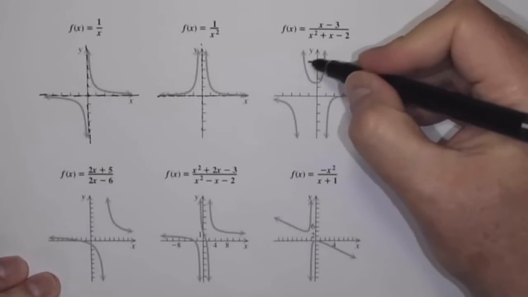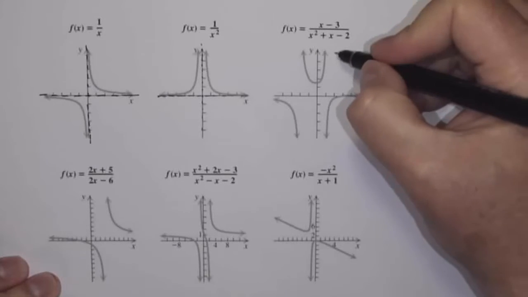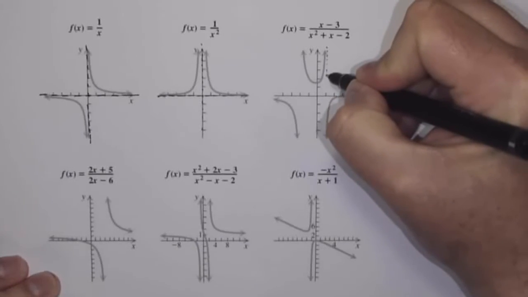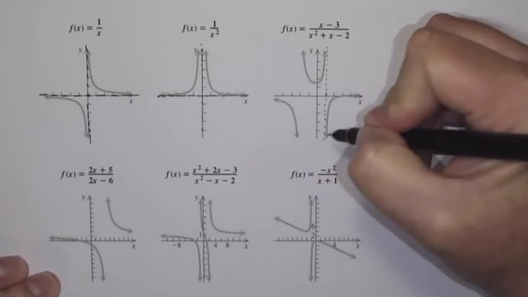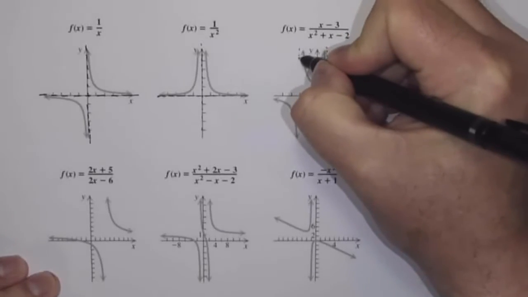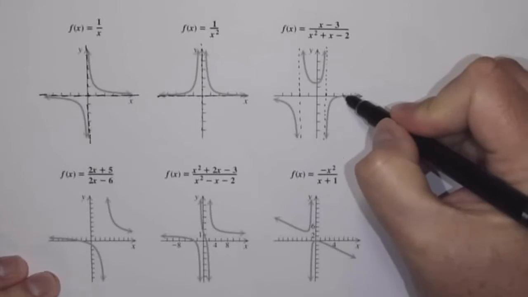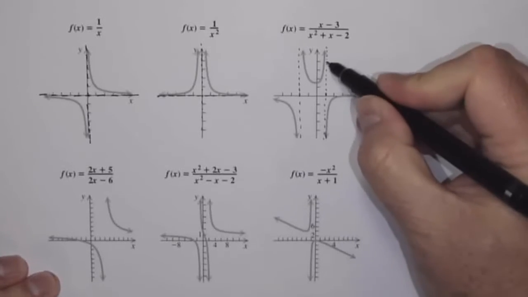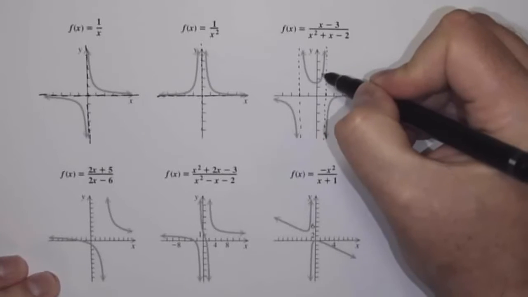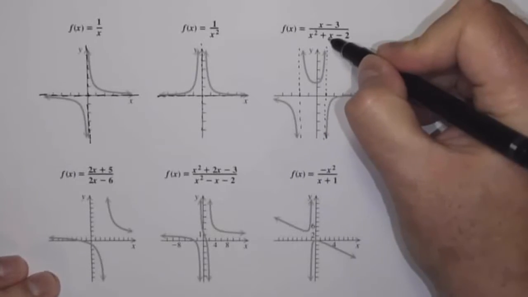If we take a look at this particular graph, there is a vertical asymptote, it looks like around here, and there is a vertical asymptote, it looks like around here. So again, over here, this graph's going to keep getting closer and closer to that vertical line. Over here, it's going to keep getting closer and closer to that line.